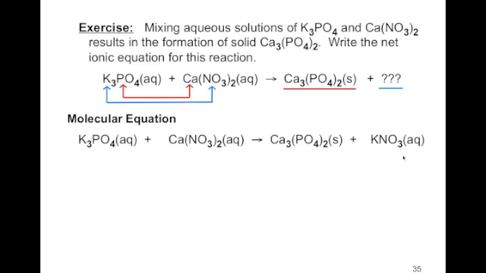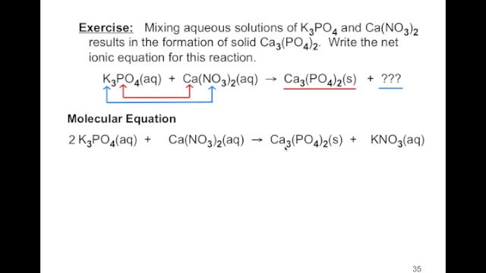Now it's not balanced, so we have 2 phosphates on this side of the equation, so we need 2 phosphates on this side. So we put a stoichiometric coefficient of 2 there to count out the 2 phosphates. So if we look at what's going on here, we have our phosphates balanced, but the calcium's not.